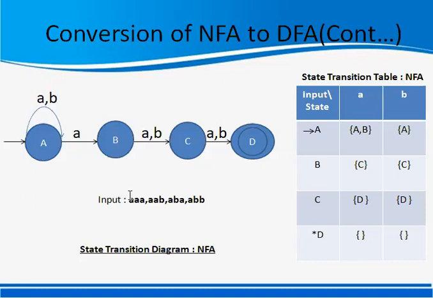So in order to accept a string of length at least 3, we will have to use at least 4 states, that is A, B, C and D. Here, before the occurrence of third last symbol A, there may exist any number of A's and B's, and after the occurrence of third last symbol A, there must be 2 more symbols, but it can either be A or B, does not matter.